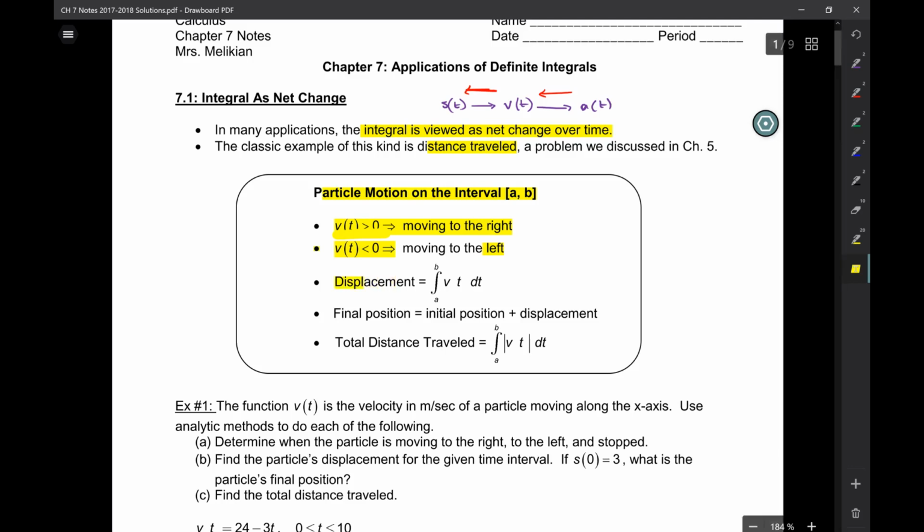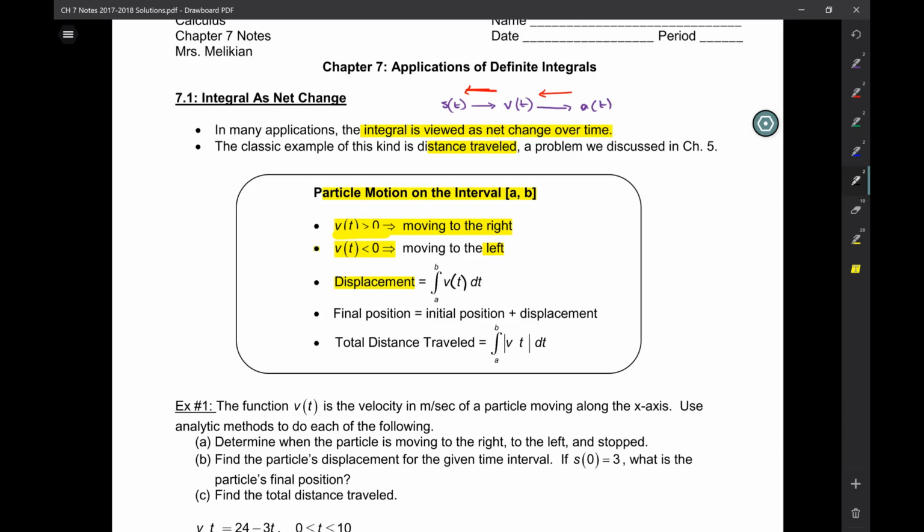displacement. To find displacement, you take your velocity and you take an integral. And this, you just have to, at face value, just memorize it, okay? So just like we have here, if you have velocity and you take an integral, you go to S of t, which is position.